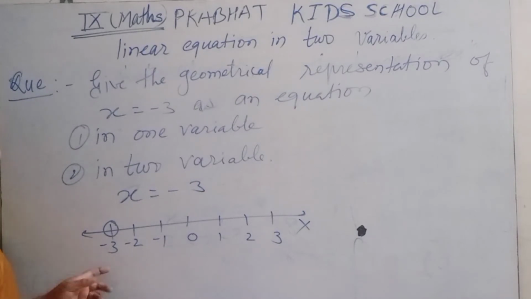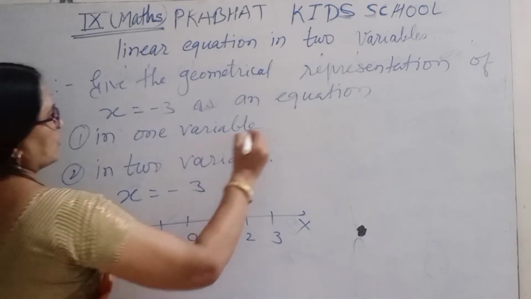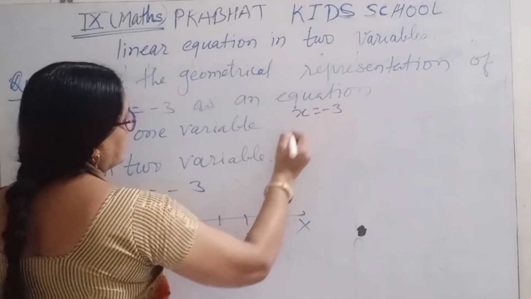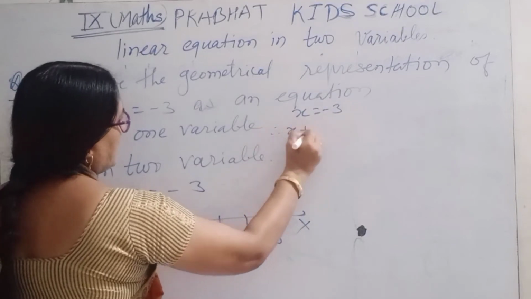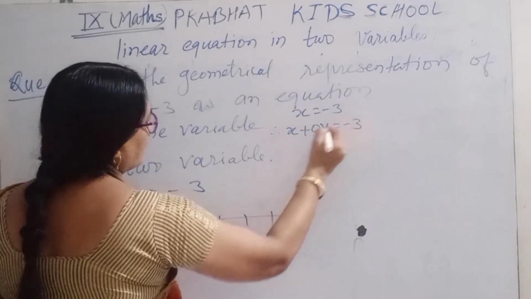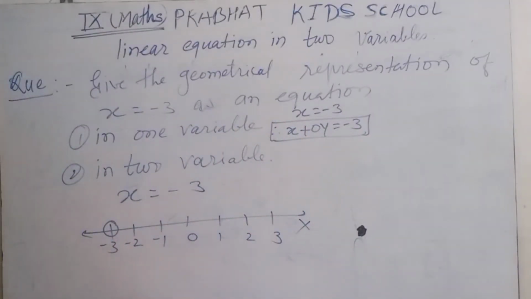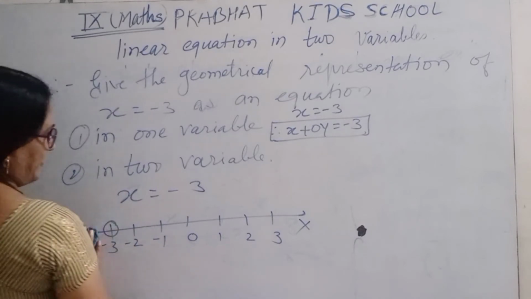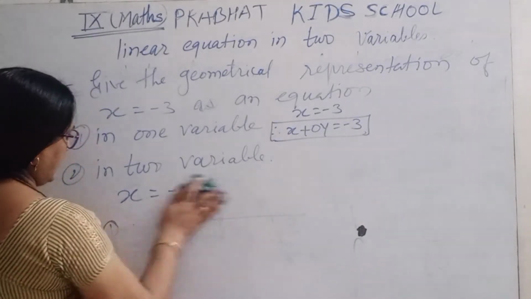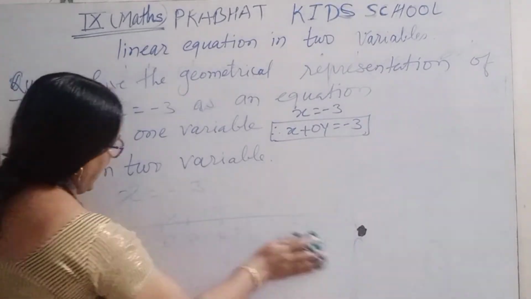But for the equation in two variables, first we will convert this equation into two variables. So x is equal to minus 3 means x plus 0y is equal to minus 3. This is the equation in two variables. Now we choose different values of y, then we will get the values of x.